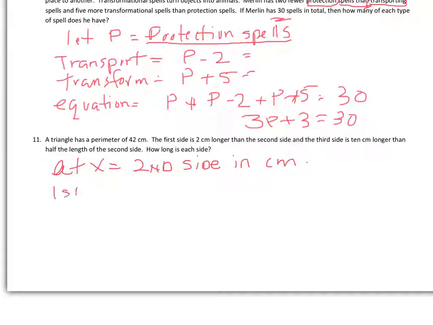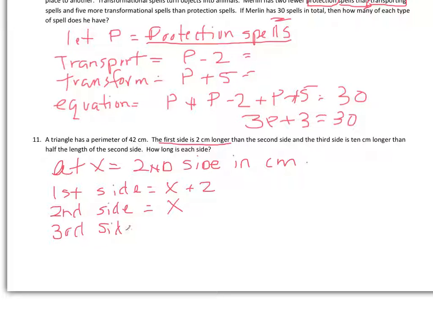So that means the first side equals x plus 2, because it is 2 centimeters longer. The second side is x, as you've noticed, and the third side is 1/2, or 0.5, x plus 10.